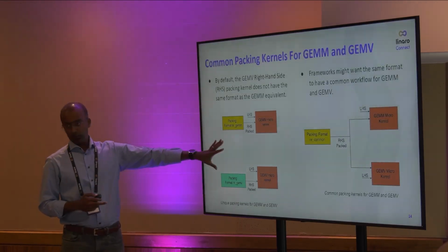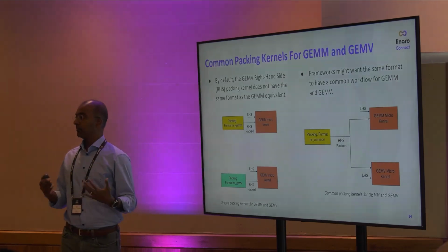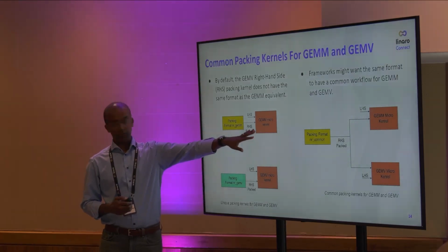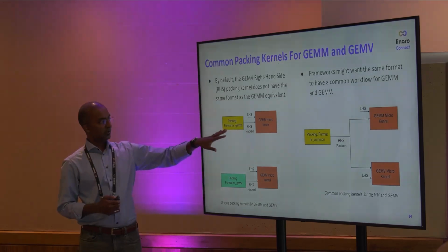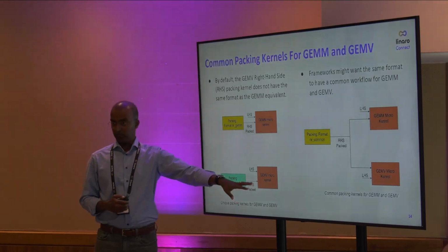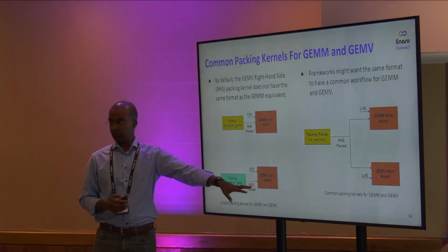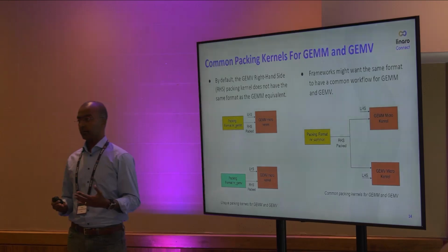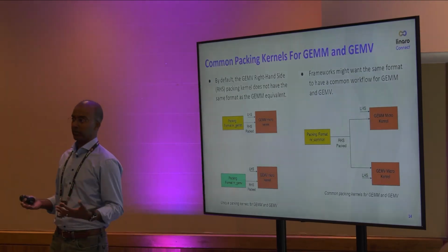This is the default case, or the ideal case, of how we started. You have a GEMM microkernel, which comes with its own right-hand side packing function. And then you have a GEMV, vector by matrix microkernel, and that comes with its own different packing kernel. You might ask, why do you have a different packing kernel for GEMM and GEMV?